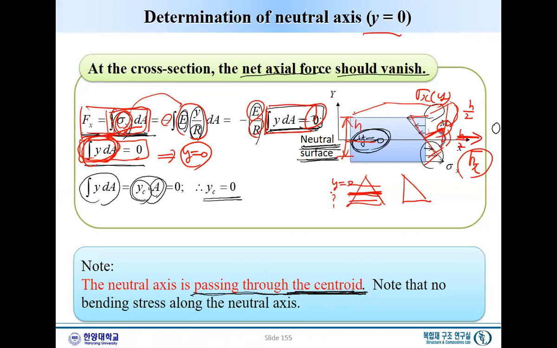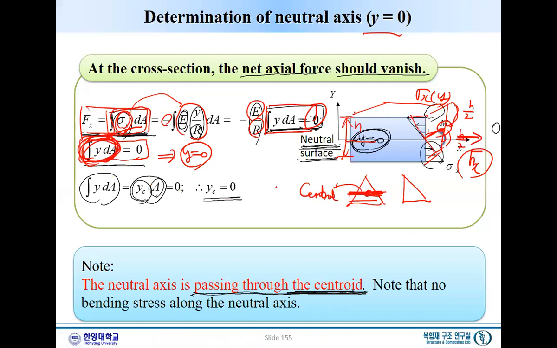Which axis would make this one 0? Any line which goes through a centroid, say this is a centroid. So any line passing through the centroid would make this integration equal 0.